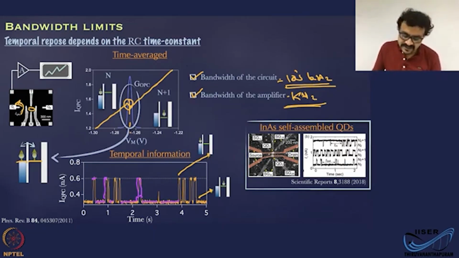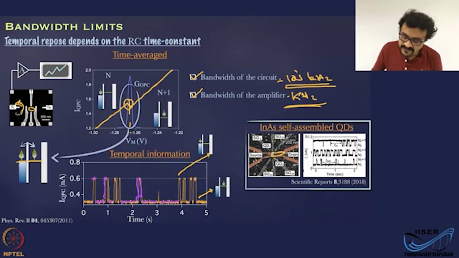This is another instance where one has used a quantum dot system, where you have two quantum dots here. One of the quantum dots is a single electron transistor, and the other quantum dot is the device that you are trying to probe.